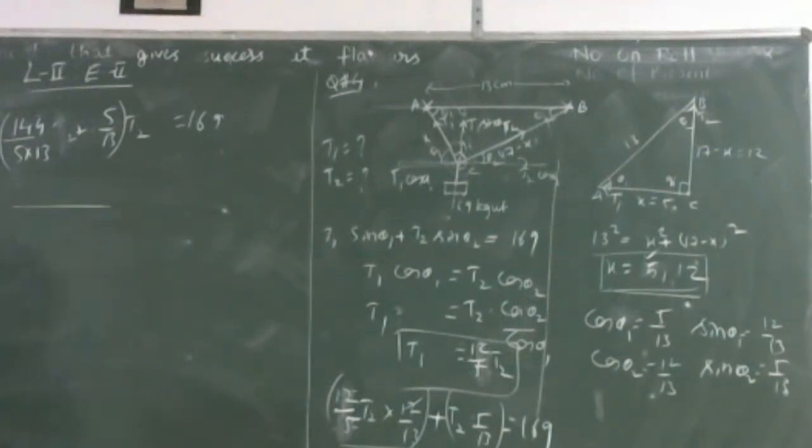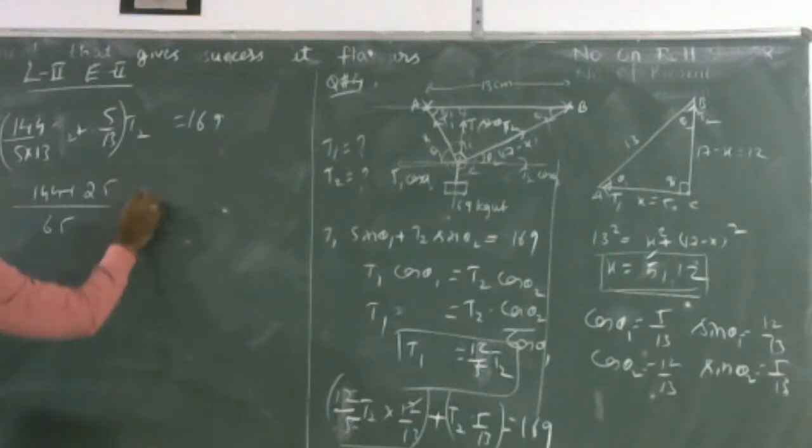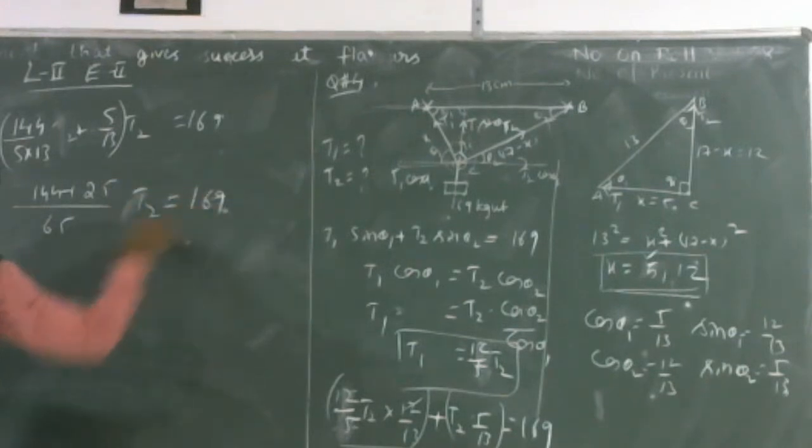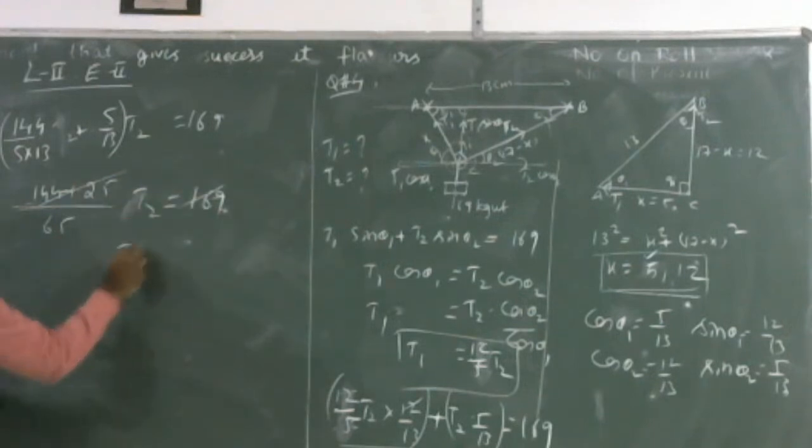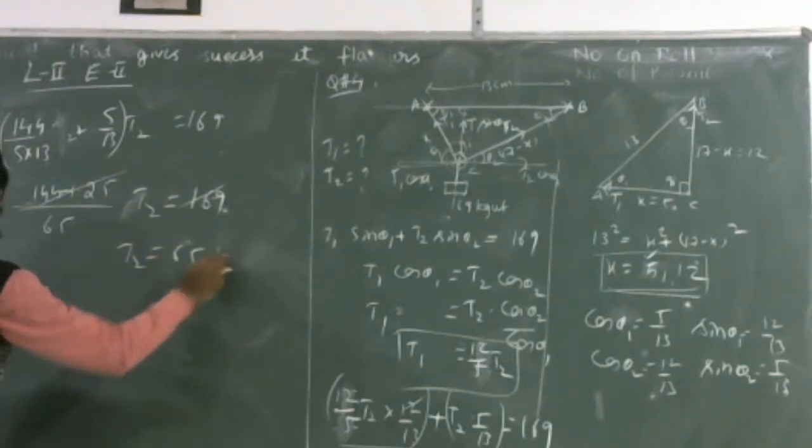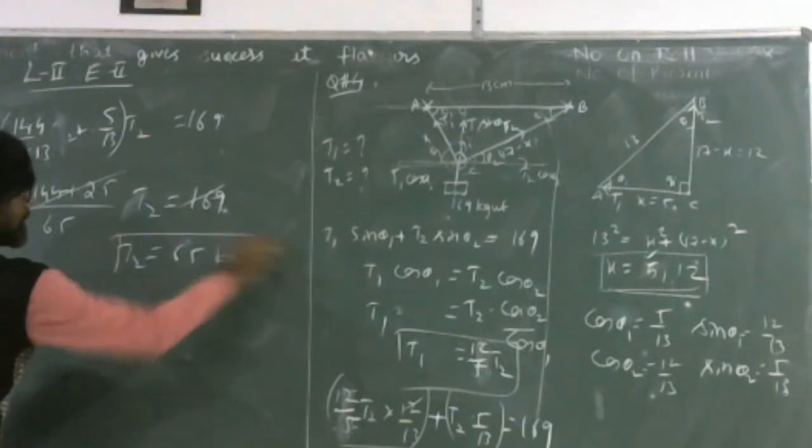So it is 65. So you take 65, then this will be 144 plus 25, into T2, is equal to 169. So what is this? 169. This gets cancelled. T2 is equal to 65 kg weight.